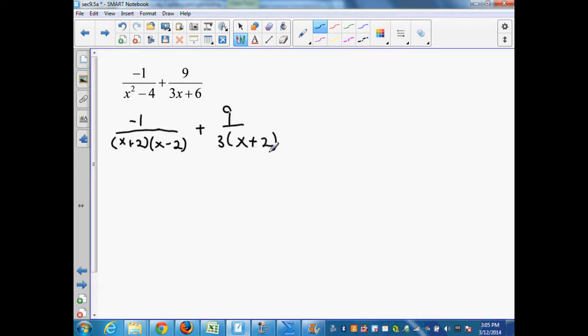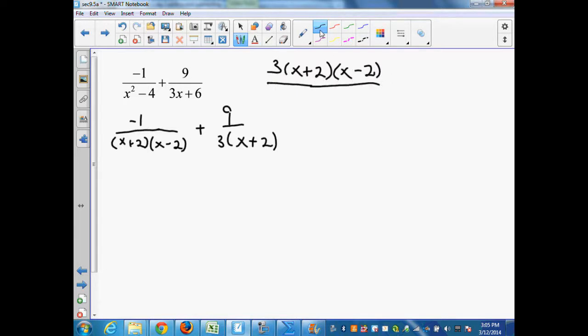My common denominator will be, 3 is in this denominator, but not here, so it'll be 3. X plus 2 is here and here, x plus 2. Also, x minus 2. So this is my common denominator.